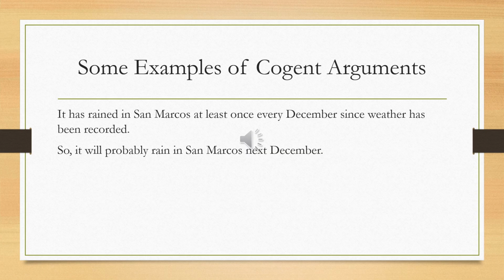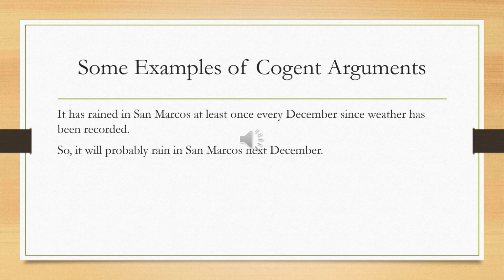Now the question is, is it a cogent argument? That requires that we determine, is it actually a fact that it has rained at least once every December in San Marcos since weather has been recorded throughout time? Well, we can't answer this simply by thinking about it. We would have to do research.